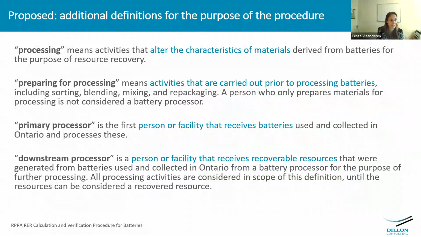Preparing for processing, meaning activities that are carried out prior to processing batteries, which would include sorting, blending, mixing, repackaging, consolidation, etc. So a person who only prepares materials for processing is not considered a battery processor. Now, a primary processor is the first person or facility that receives batteries used and collected in Ontario and processes these.